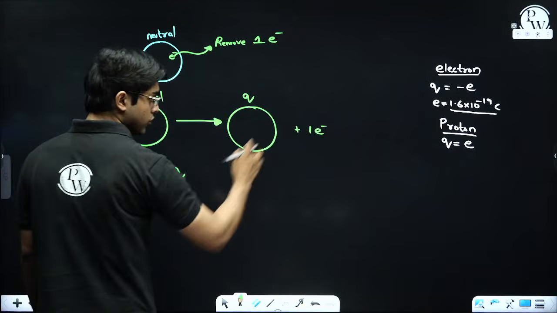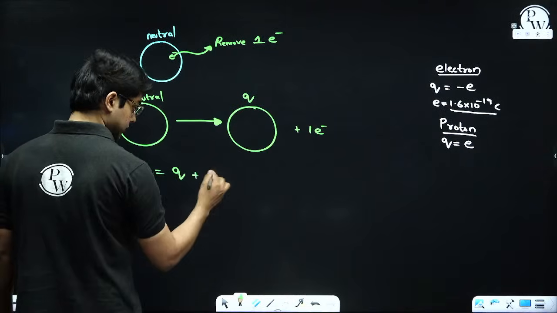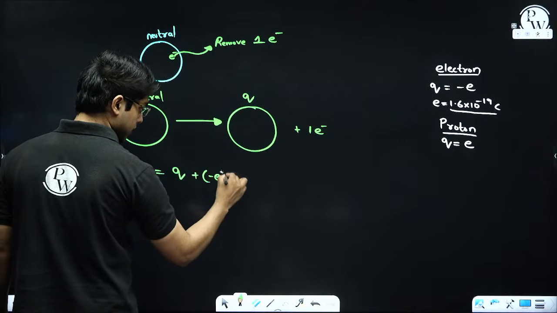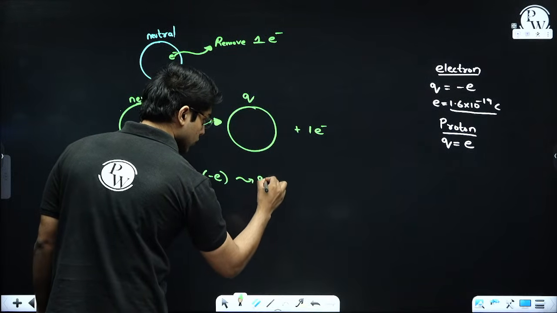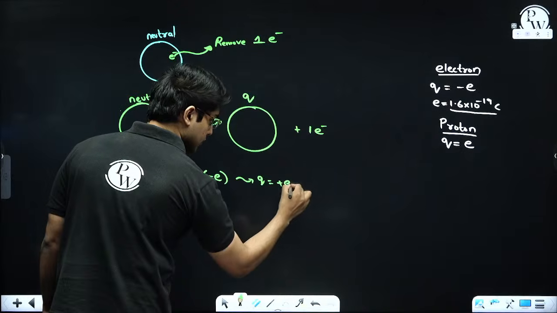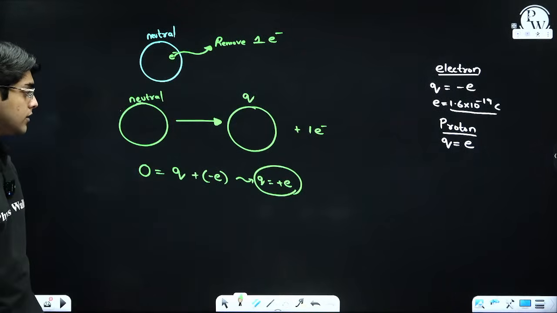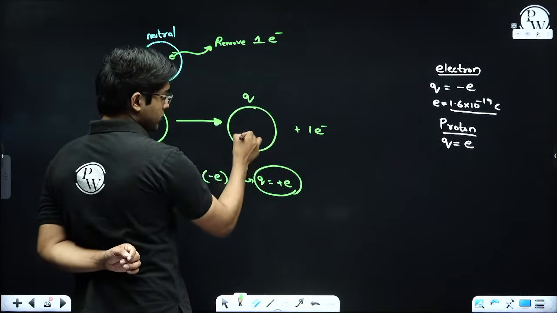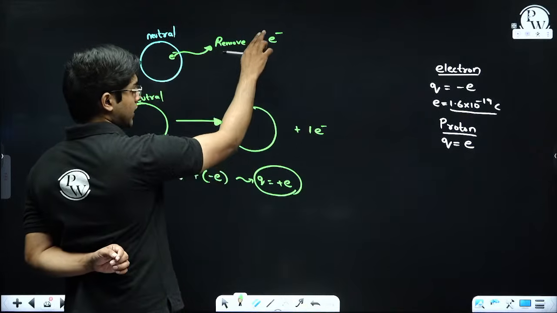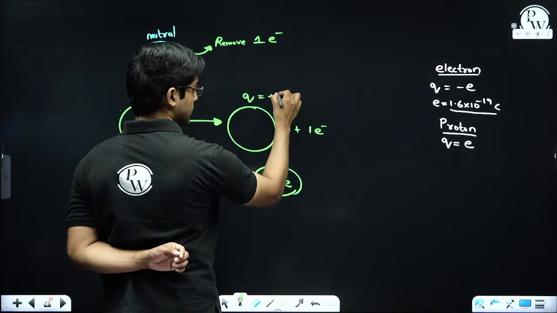What is the charge of an electron? Charge of an electron is minus e. So write it over here. Now solve this. This means q is equal to plus e. If you take this e to the other side, q is equal to plus e. Which means this neutral body, if you remove an electron, its charge will increase by plus e.